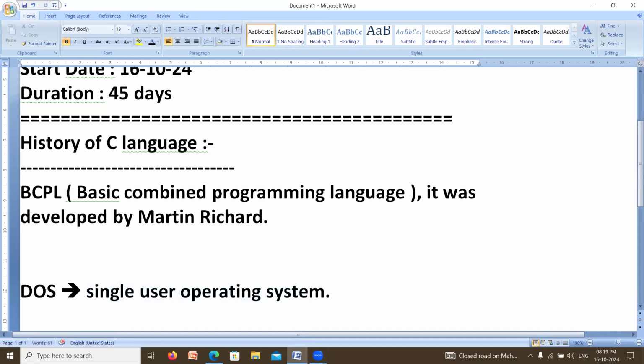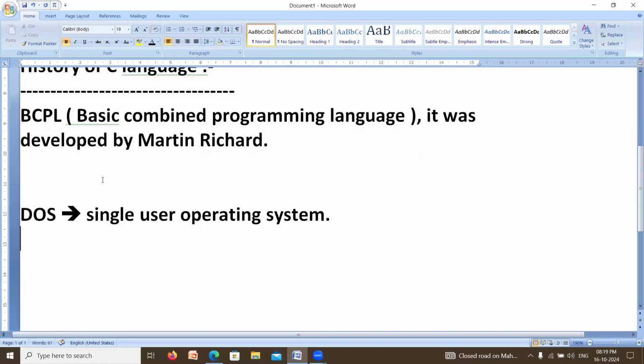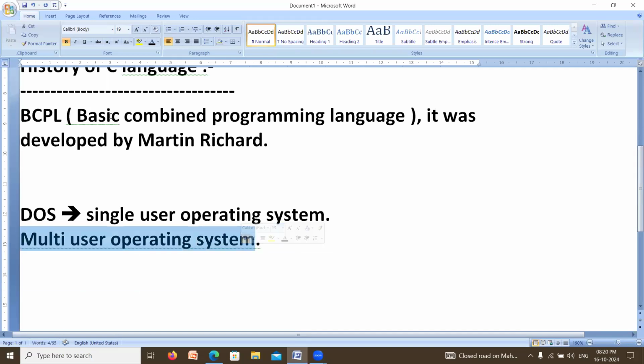To use the computer resources properly, they wanted to build a multi-user operating system. They tried to build it using BCPL, but they failed. Why? Because BCPL does not have the capacity required to build this operating system.